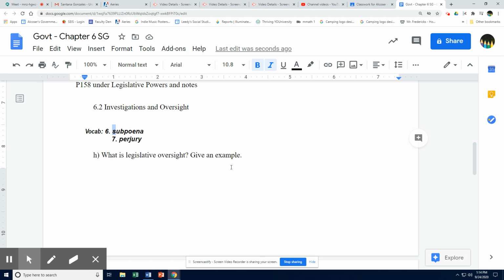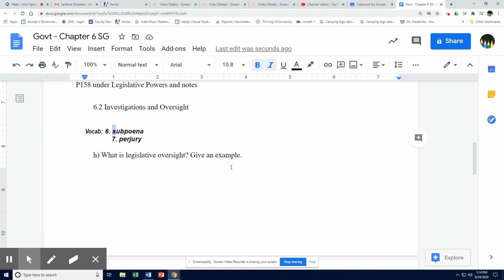Most congressional investigations are related to another power that Congress has developed over the years, the power of legislative oversight. And then it says, give an example. As the word suggests, oversight is the power to review executive branch activities on an ongoing basis. So you would write, for example, oversight is the power to review executive branch activities on an ongoing basis. That's at the top of the second column of 169.